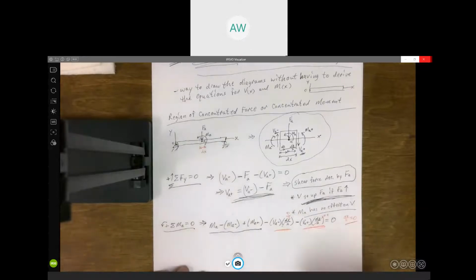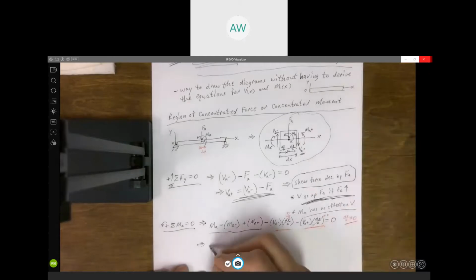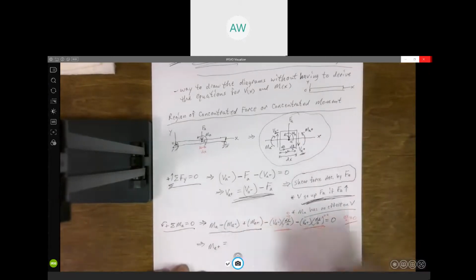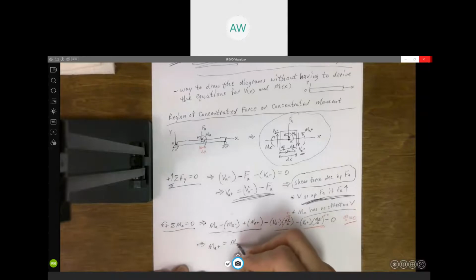And just like we did up there, we want to solve for the moment just past point A. So MA plus, and solve for that, it's going to be equal to, move this to the other side, becomes positive, MA minus, and then minus MA.